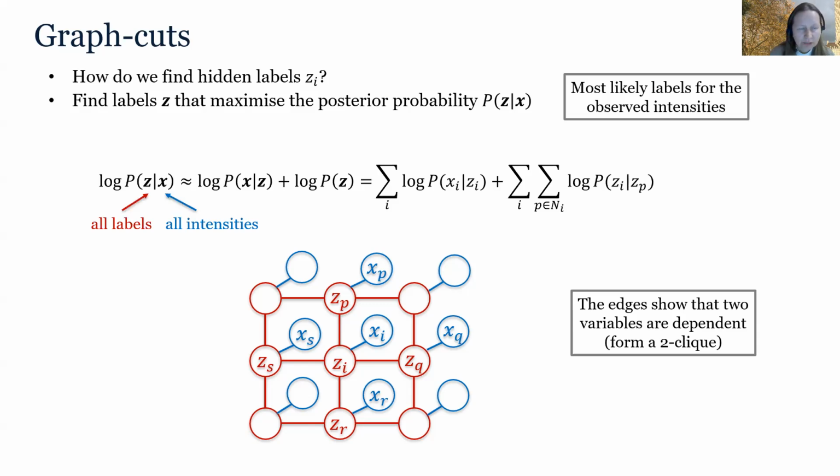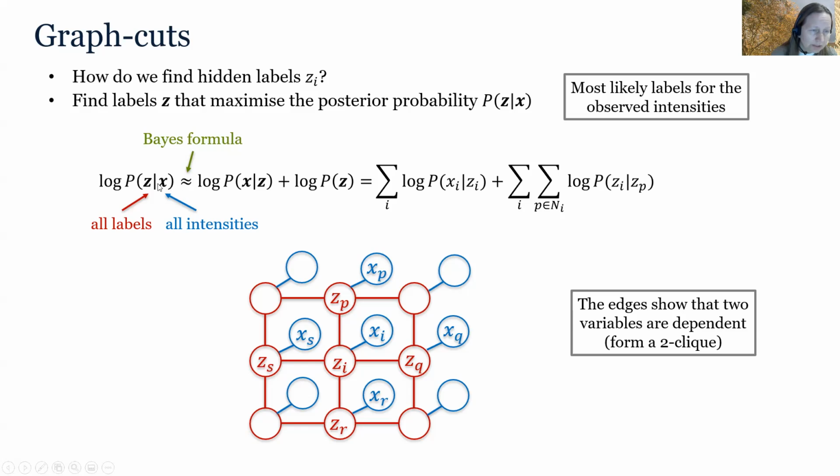Now, some equation here. How do we go about it? Because we don't know what to do with a probability. We need to somehow transform it to some kind of function or criterion that we can optimize. We already said before that it's much easier to optimize the logarithm of probability because multiplication changes to sum. The first thing that we will do with this posterior probability is apply the Bayesian formula.